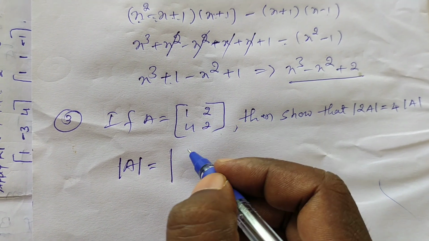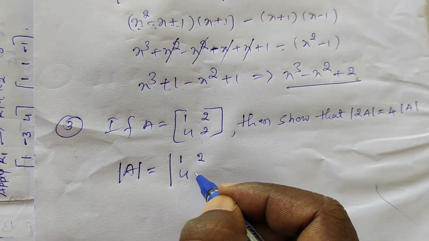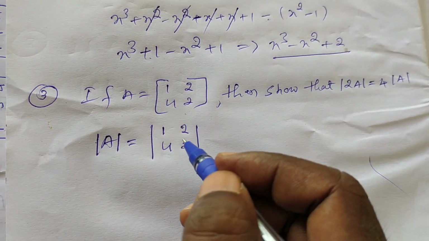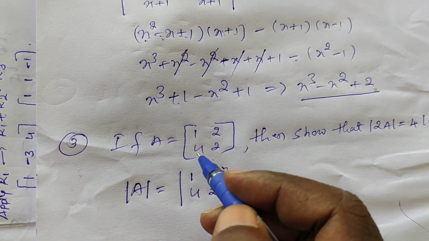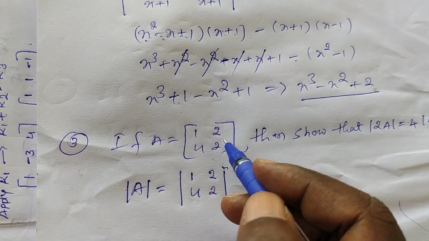Convert this matrix into a determinant, that is 1 2, 4 2. In a determinant the elements lie between two parallel lines, but in a matrix the elements are enclosed by square brackets.